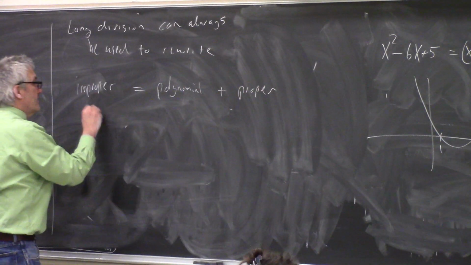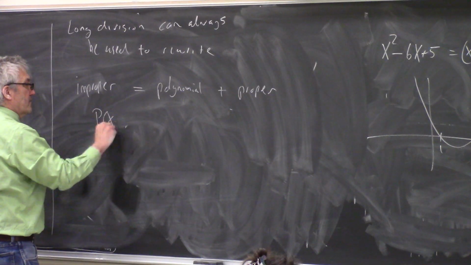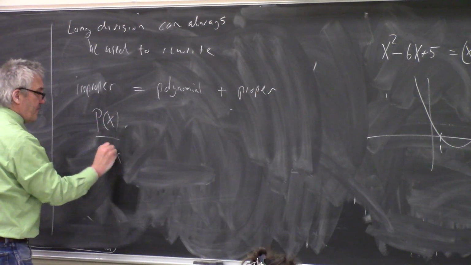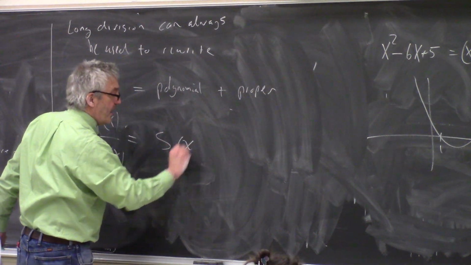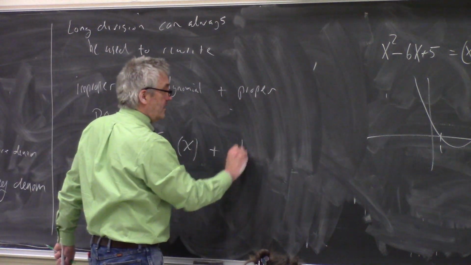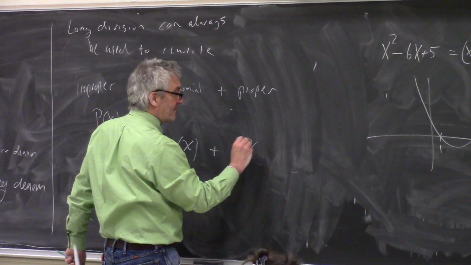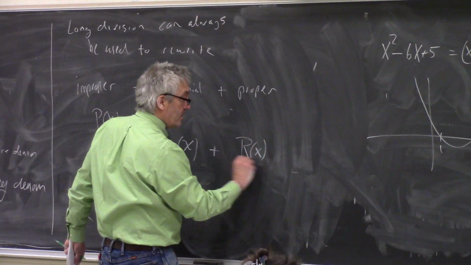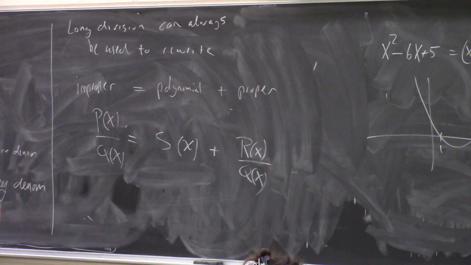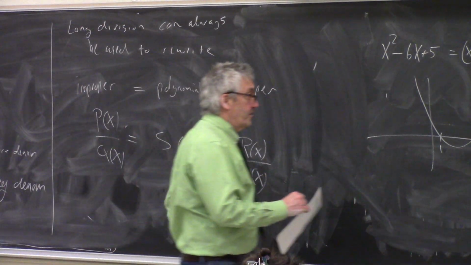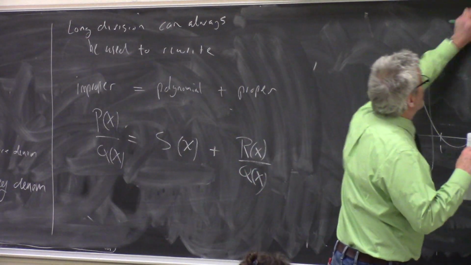So in other words, a p of x over q of x that's improper can be rewritten as some polynomial s of x plus a rational function that's a proper one, r of x over q of x. So you just have to be careful about it and fearless.